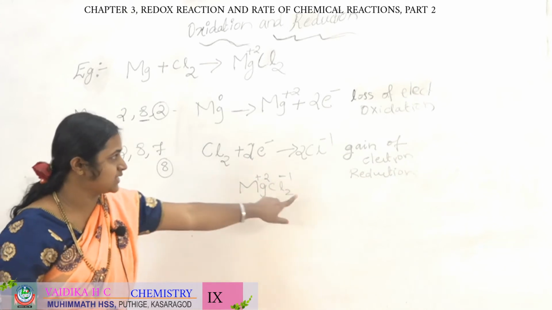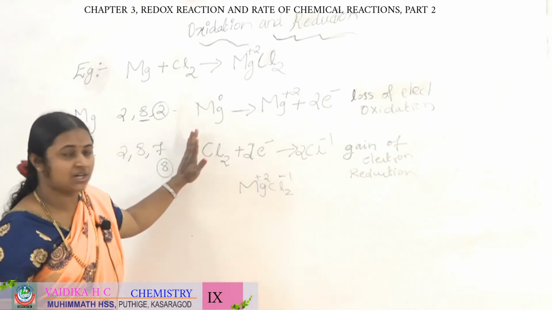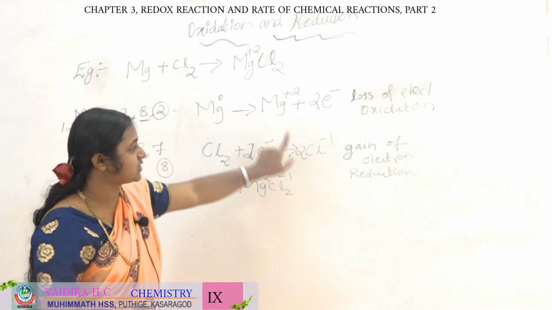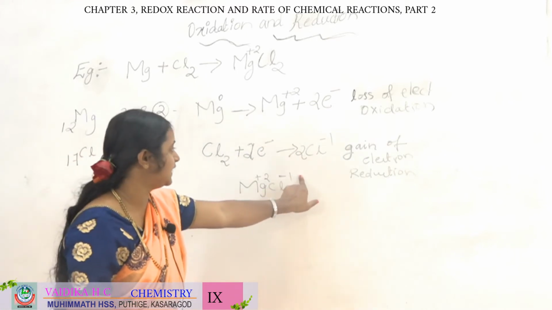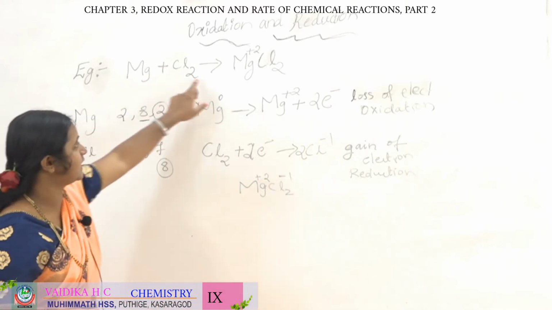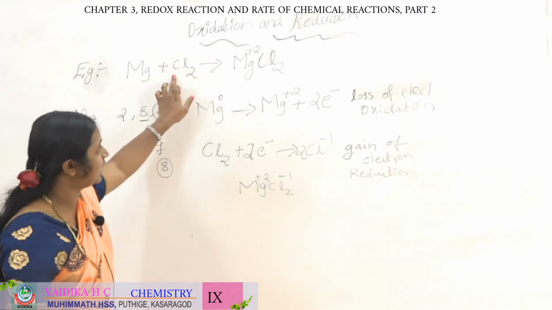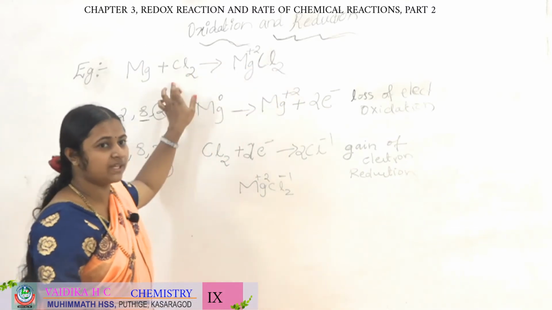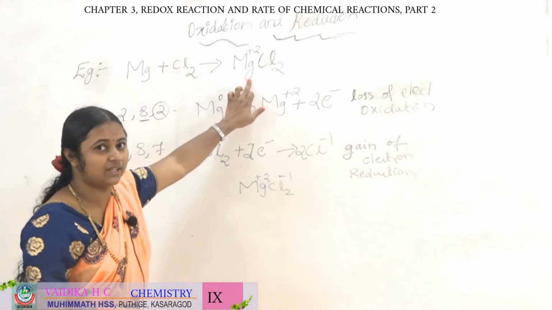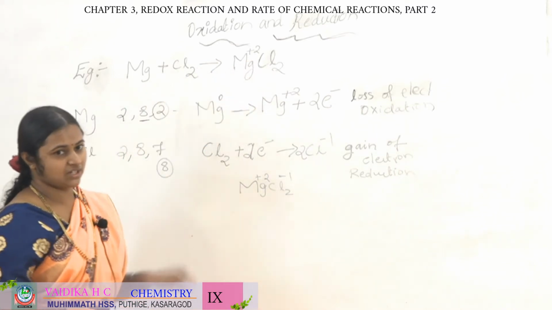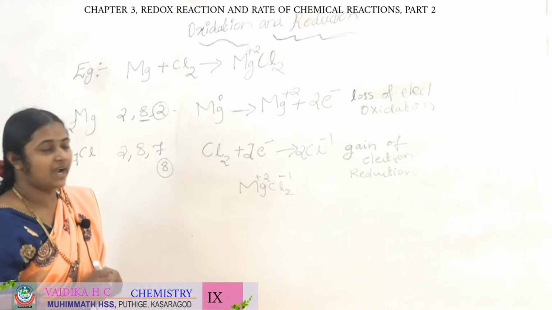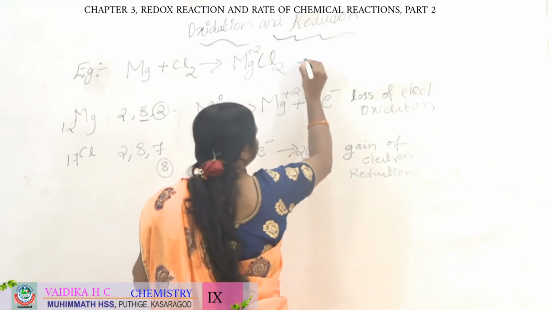So MgCl2. If in a reaction both oxidation and reduction occur simultaneously, that is, in this reaction magnesium is oxidized and chlorine is reduced, so both reactions occur in one reaction. So it is called a redox reaction.